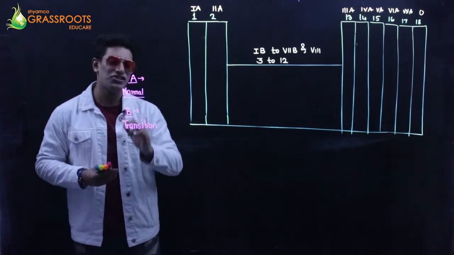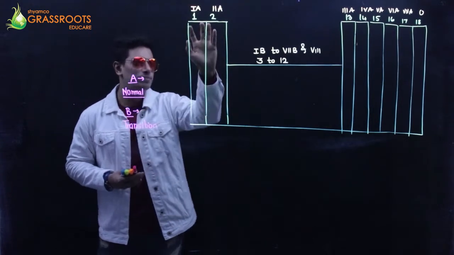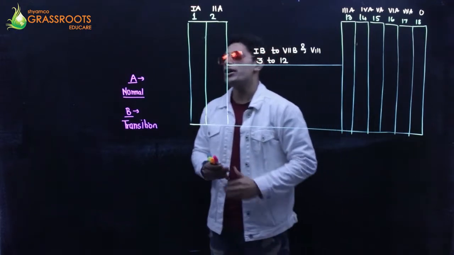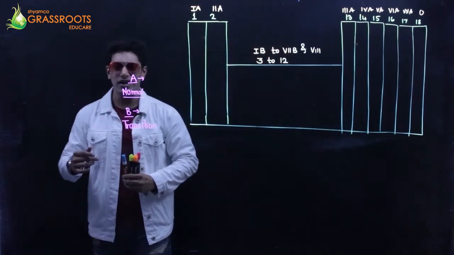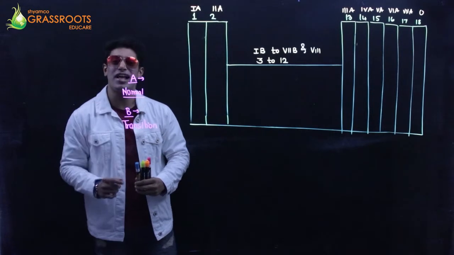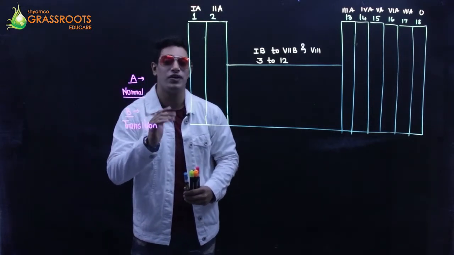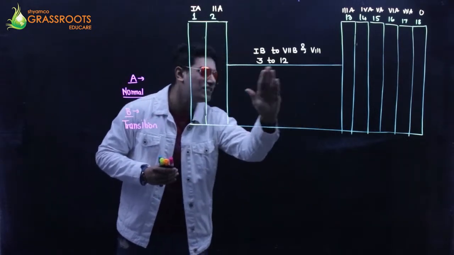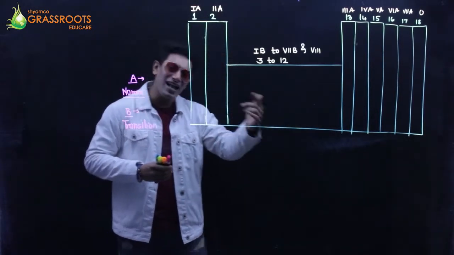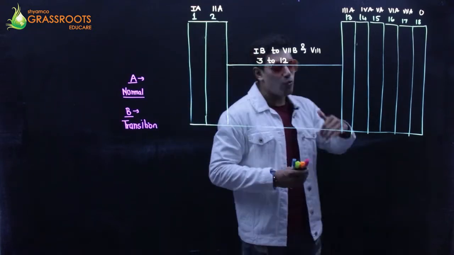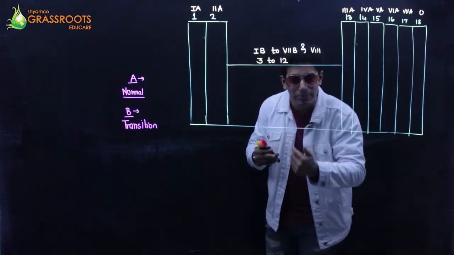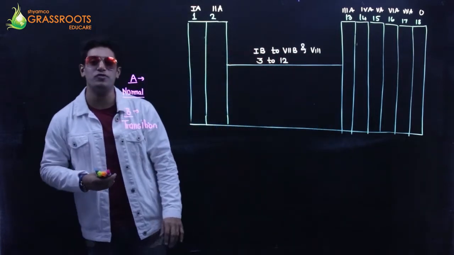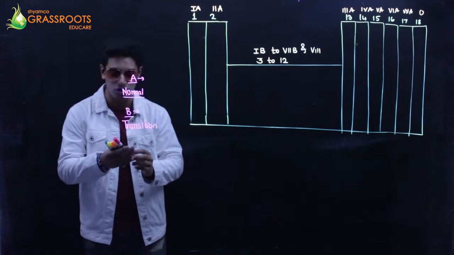Second point, in normal elements only the last valence shell is incompletely filled. However, for all these transition elements, the last and the second last, that is the valence shell and the penultimate shell, are incompletely filled. So these are 2 points of differentiation between normal and transition elements.